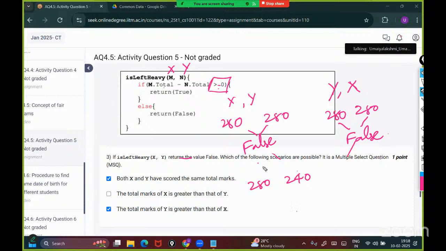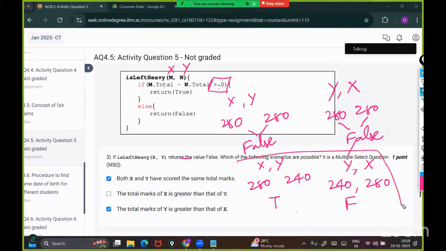Now for x comma y, what is the value? True. And how about y comma x? False. The thing is, x comma y is not always the opposite of y comma x.